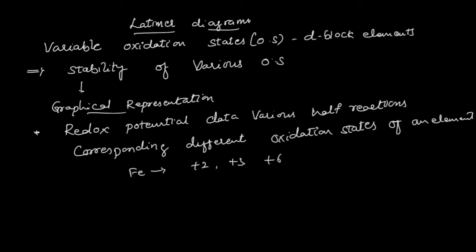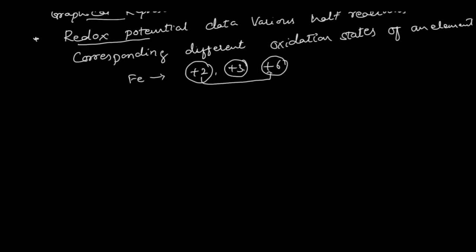We need to understand the stability of these different oxidation states. In this graphical representation, you will have redox potential data for each individual oxidation state. These are represented in what is known as a Latimer diagram.